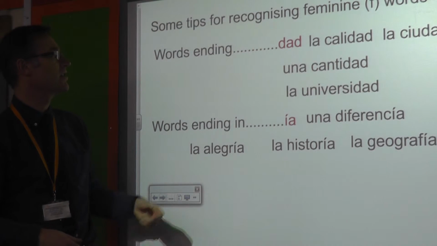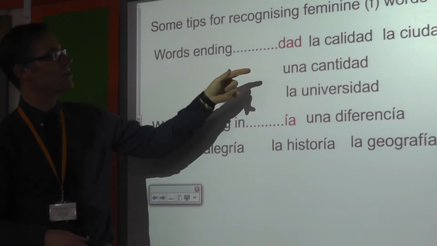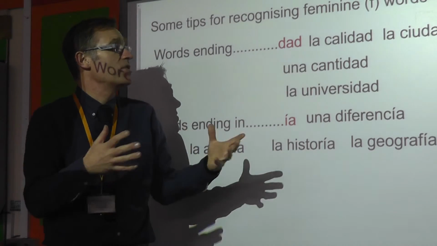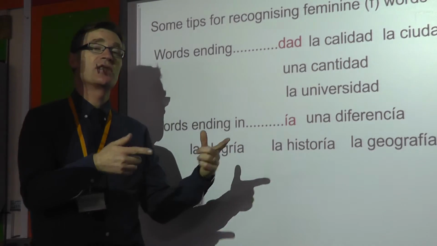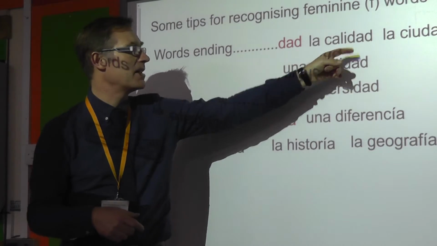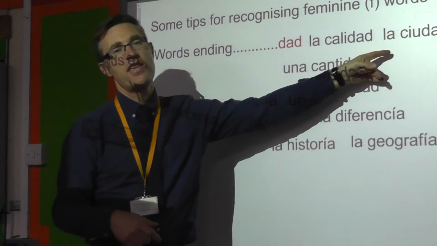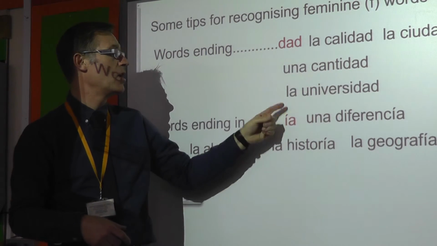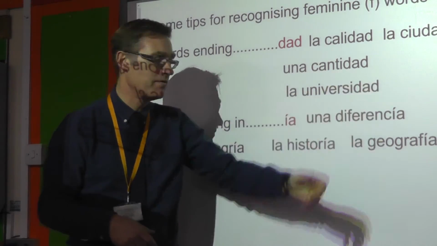Another couple of categories of feminine words are words that end in -dad, D-A-D, which incidentally usually translates in English as -ty. So we've got la calidad, the quality, la ciudad, the city, una cantidad, a quantity, la universidad, university.